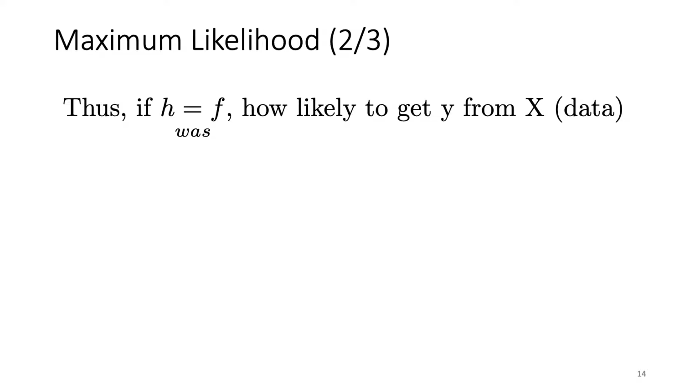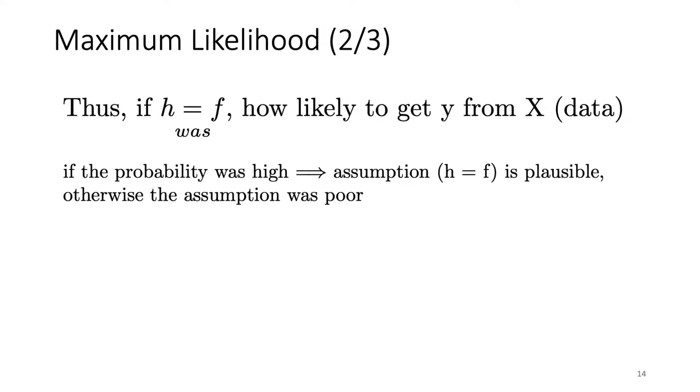But if the hypothesis was close enough, how likely is it to just get Y from X? And that's the interesting question. So if the probability was high, assuming that H was F is a plausible assumption. Otherwise, the assumption is poor, right? Does that make sense? Okay.